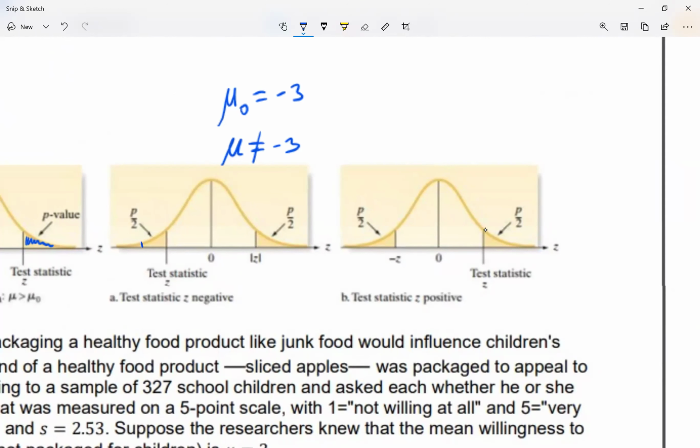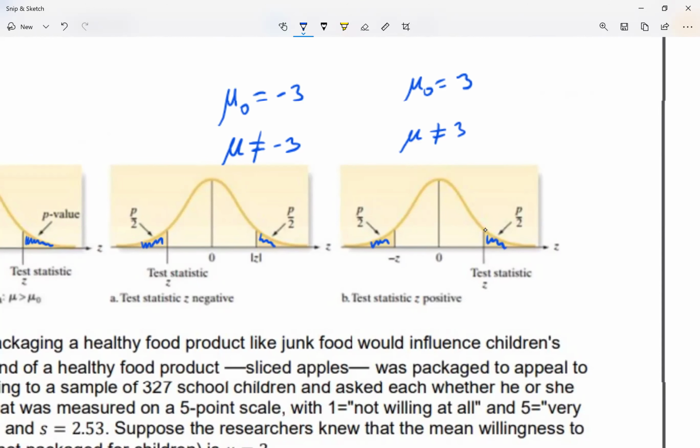So that's gonna give me these two tails. But then what if the null average was a positive value? Let's use +3. Now what I'm checking is that the average is actually not 3. It still gives me, as you guys can see, a two-tailed test.